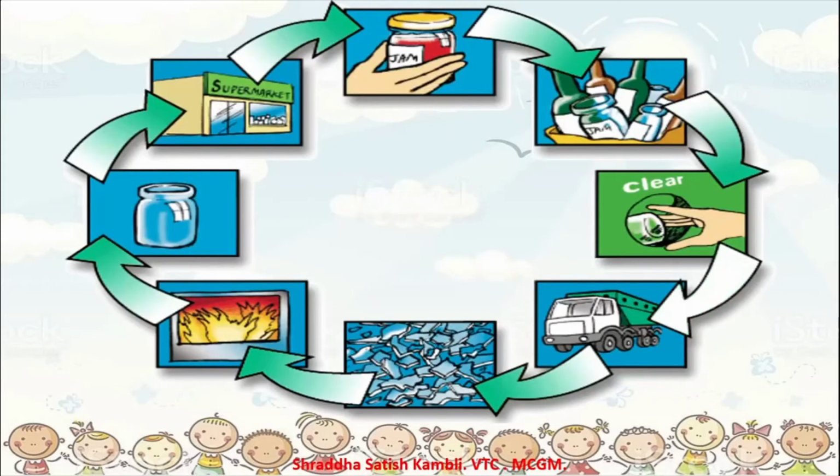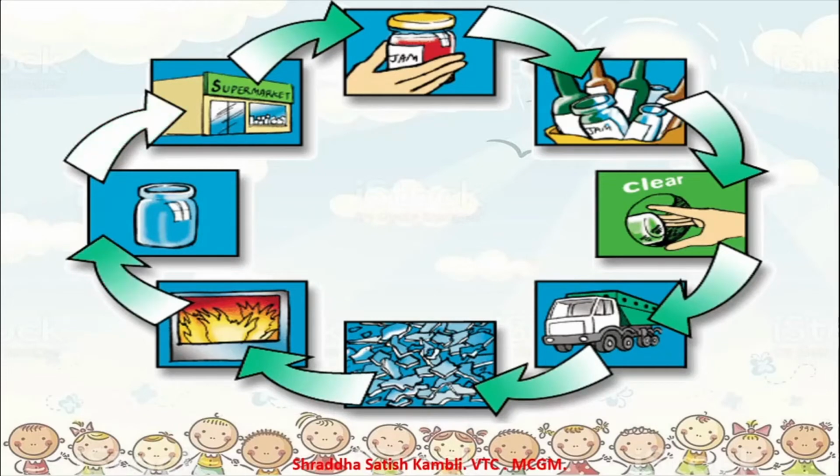So how do they recycle glass? See here, at the supermarket you buy a bottle of jam, and after you finish eating the jam, you throw the bottle away, or you put it in your dustbin. From there the truck collects it and it is taken to a place where it is broken into little pieces. These little pieces are heated again, and so it melts.